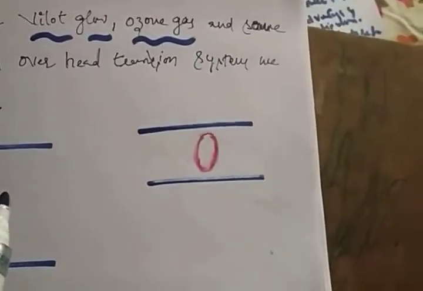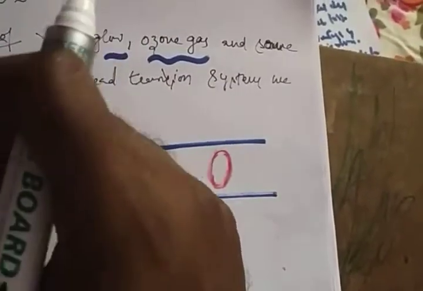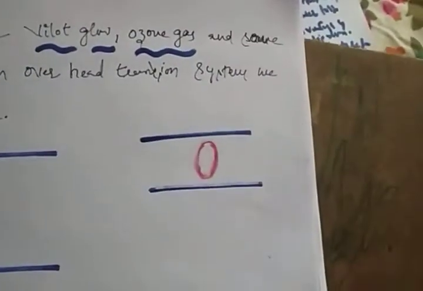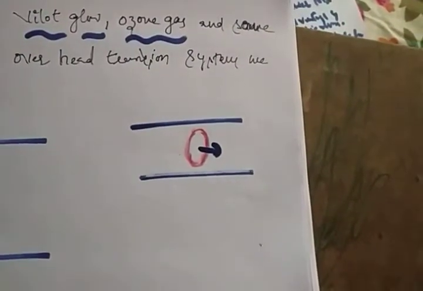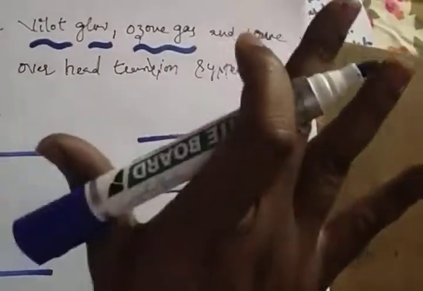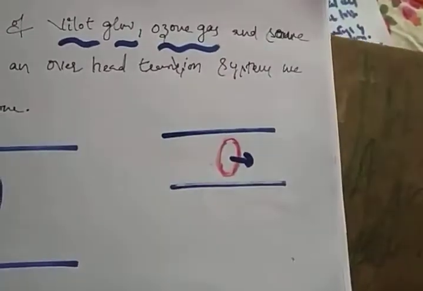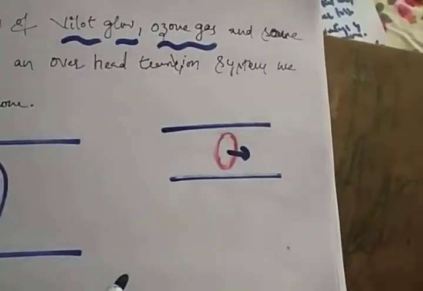When you apply a high alternating voltage across the conductors, the dielectric strength of air will break down. How it breaks down, we'll see.